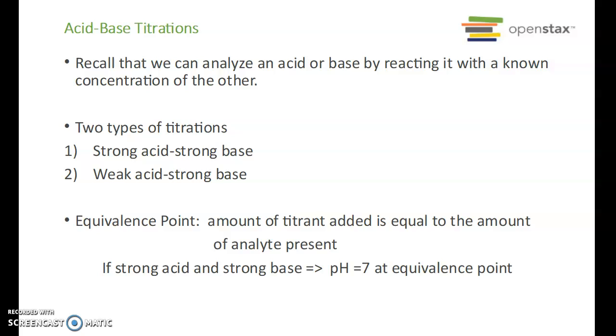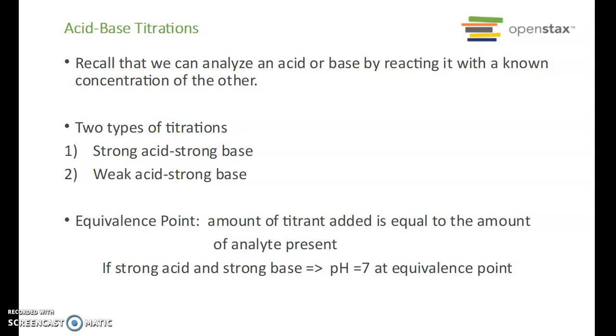Now, the next part has to do with acid-base titrations. And this is a key thing that if we were doing a lab, we'd be doing. I've got something in mind. We'll probably work on something along these lines. But remember, you can analyze an acid by reacting it with a known concentration of the other.